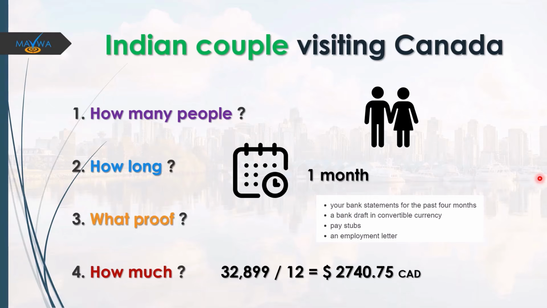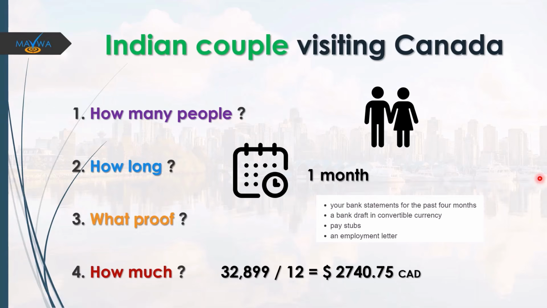So this couple who visit Canada needs to show at least 2,740 Canadian dollars and 75 cents over a period of 4 months in a convertible currency, and provide as well additional pay stubs and employment letters. This is how this couple who want to visit Canada can overcome the proof of funds.